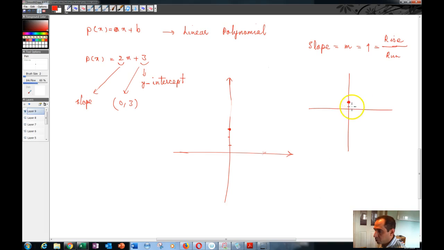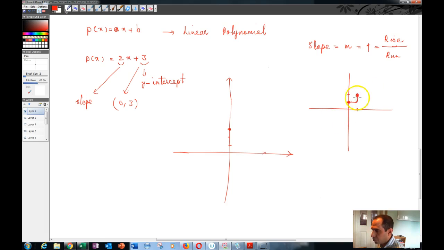Then this is one unit of horizontal change, and this would be a unit of vertical change. So if I have 1 unit of horizontal change, I will have 1 unit of vertical change.